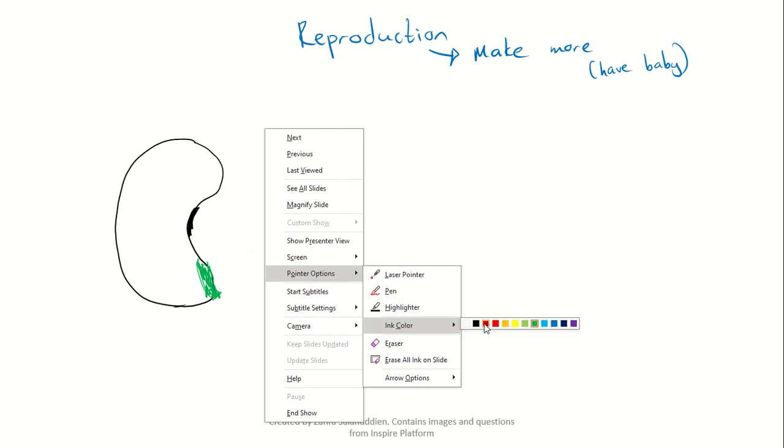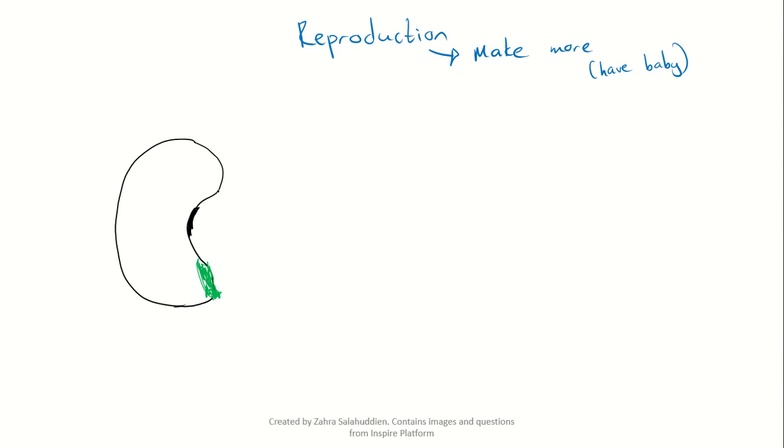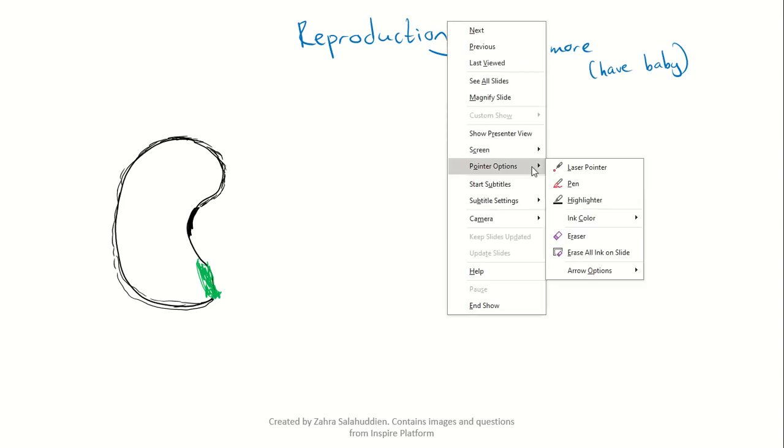Okay, we'll try and represent them with a few different shades. I'm just going to choose black again for the outside. Okay, so let's talk about the 3 main parts of the seed.